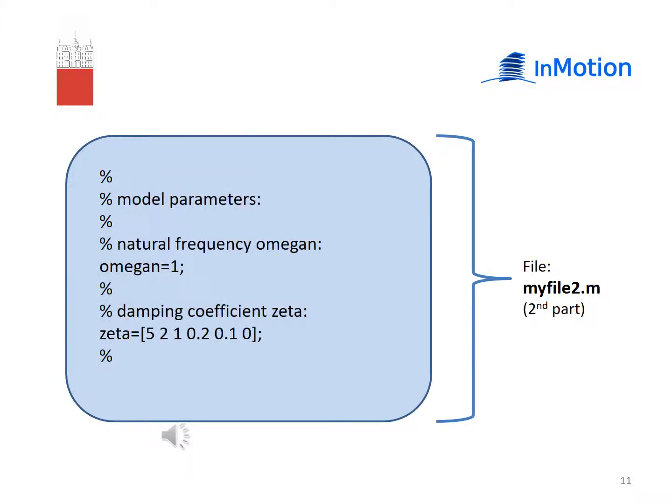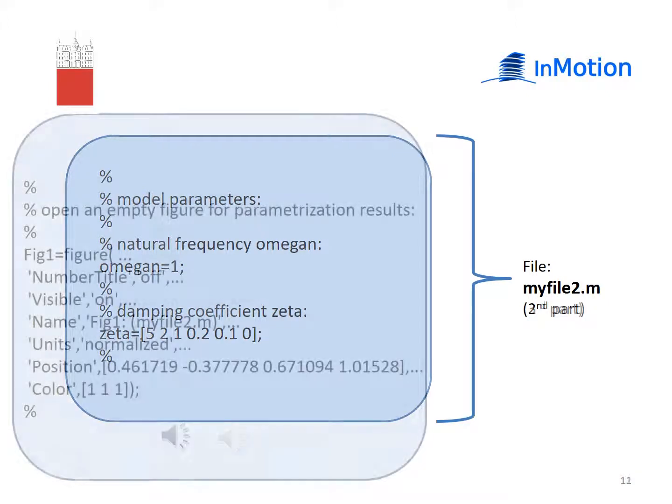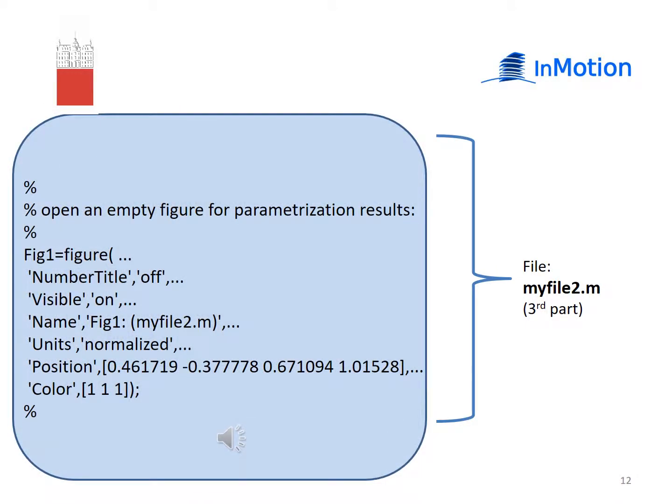Here model parameters are presented. Omega n is 1 for all runs, while zeta is defined as a vector with 6 desired values. Next, we have to open an empty figure.